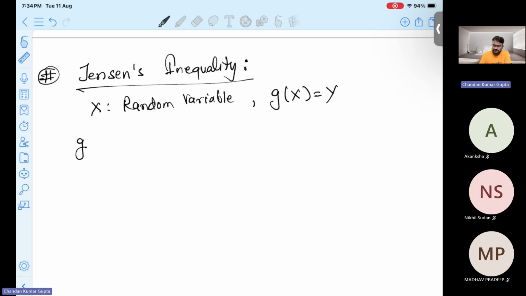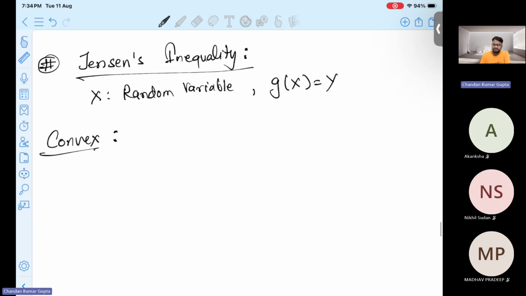Then we have two cases. Case one is when g(x) is convex in nature.